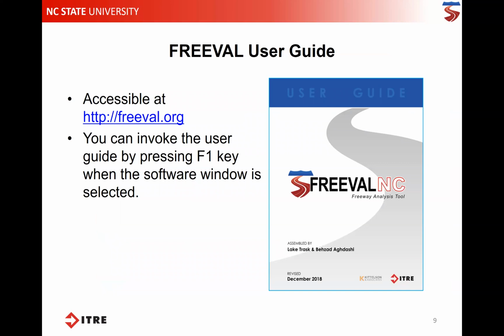going back to our website, you can have access to the entire FreeVAL NC user guide. You can invoke that by pressing the F1 key when that software window is selected.